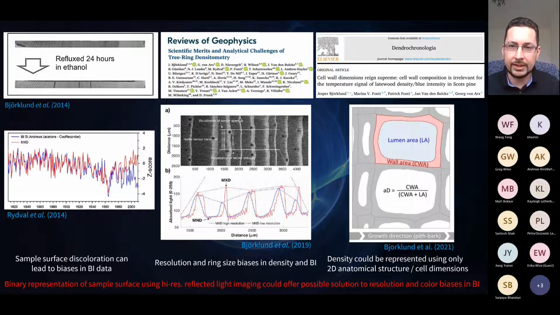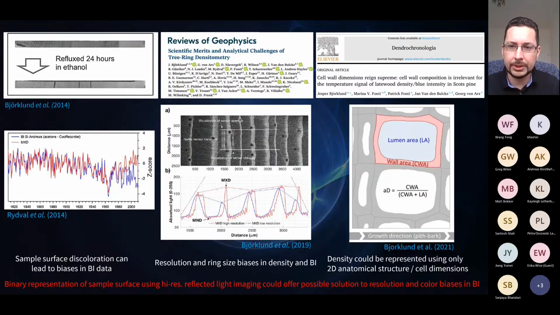We can actually derive anatomical density, which got us thinking that this might be a useful way forward: getting a representation of the surface of a sample at high resolution and using this principle to establish anatomical density. This led us down the path of using microscopes and high resolution imaging techniques to get this representation of the anatomical cell structure.